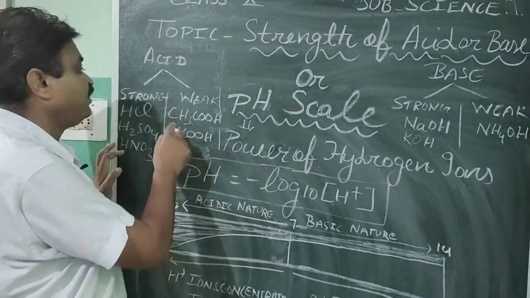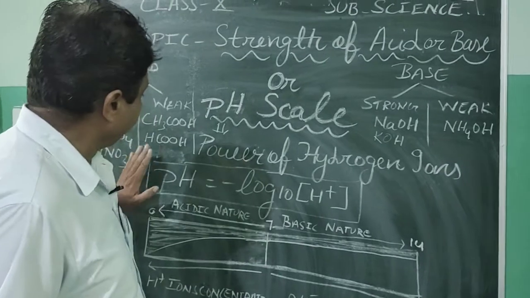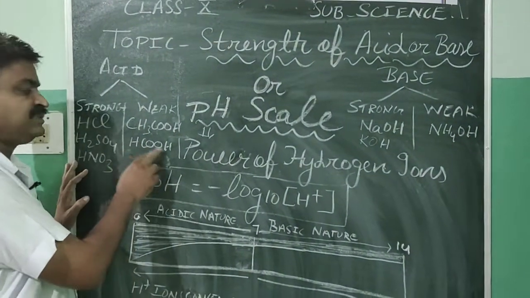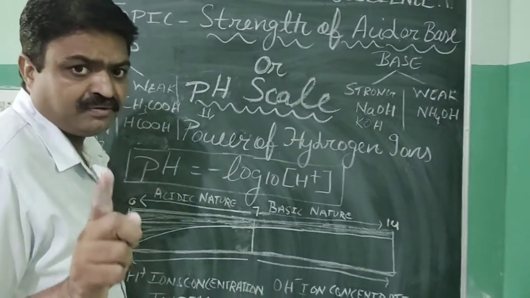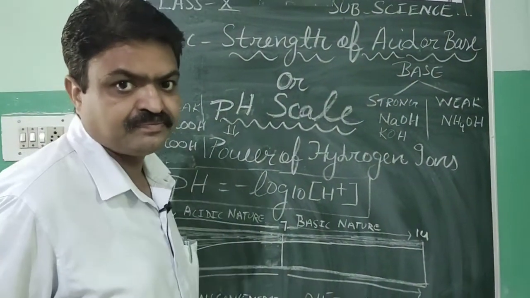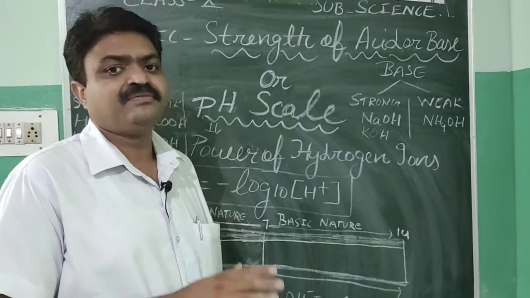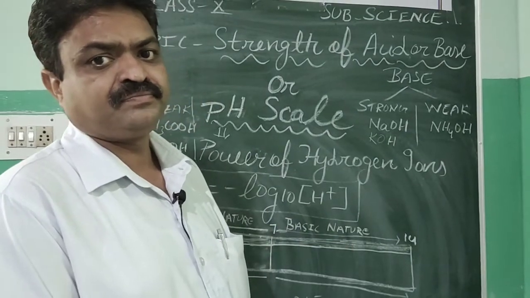And the example is acetic acid, CH3COOH, formic acid, that is HCOOH. They are examples of weak acids. So weak acids release fewer hydrogen ions.